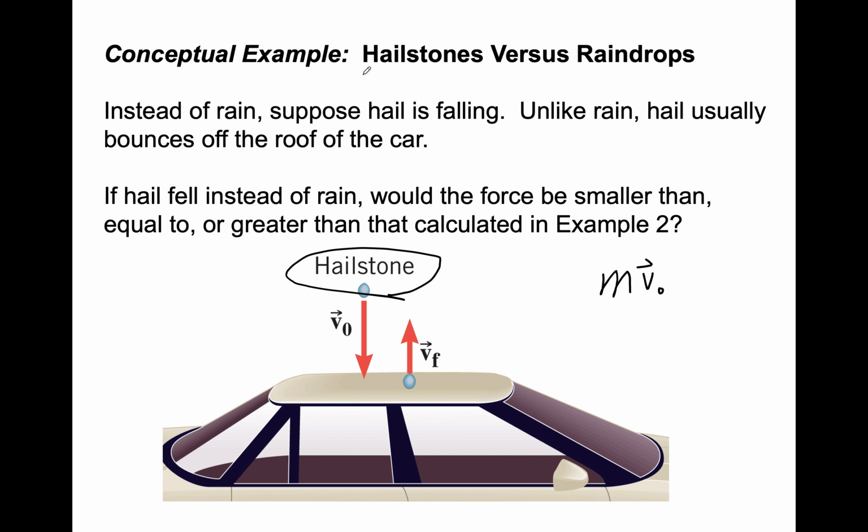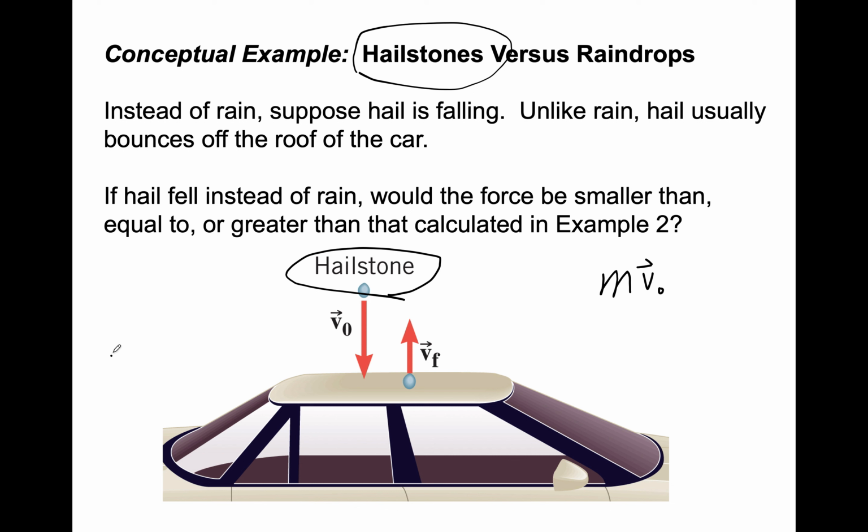Now if it is hailstones, first try to think about the force on the roof: is it going to be larger than the rain or smaller than the rain? From our common sense, hailstones sometimes could damage the roof of the car, right? So common sense tells us the force from a hailstone should be larger. And why is that? Because hailstones bounce back.